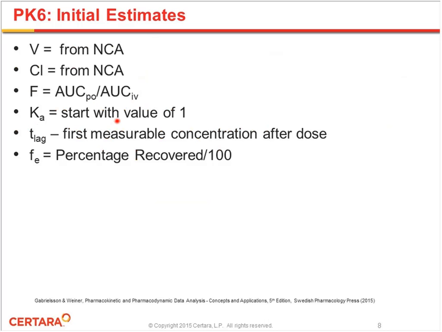Typically, we start the absorption rate constant with a value of 1. And for T-lag, we take the first measurable concentration after the dose. Fraction excreted, you can get from an NCA on the urine data, and that is just the percentage recovered divided by 100.